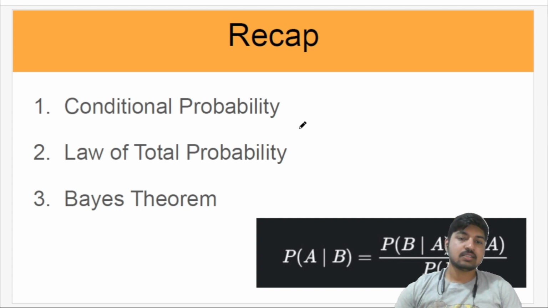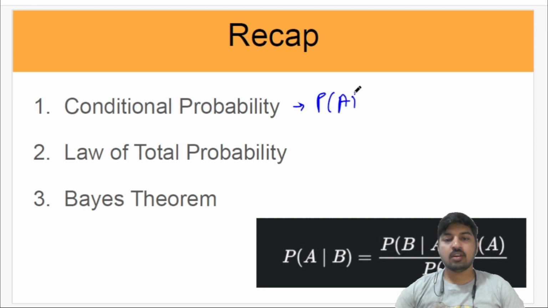Last session we completed these three parts. For almost 3 weeks we discussed intricate concepts: conditional probability, law of total probability, and Bayes theorem. The probability of A given B is what we were calculating: if we know that some event has already happened and we want to calculate the probability of another event, we can make use of conditional probability.